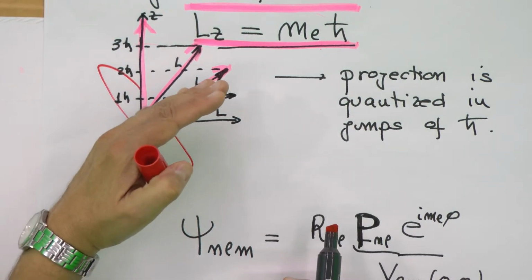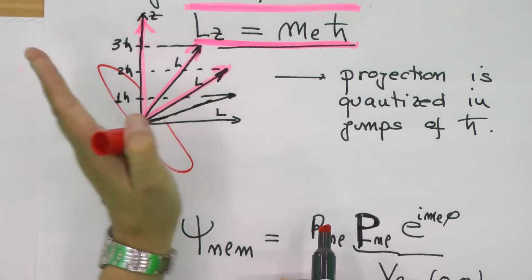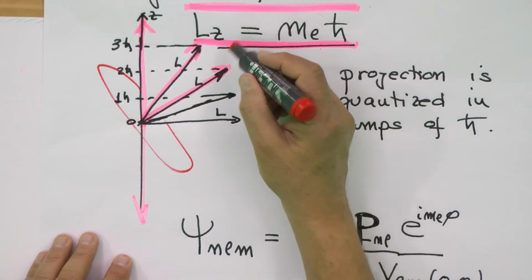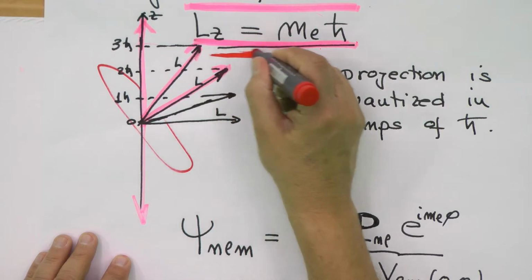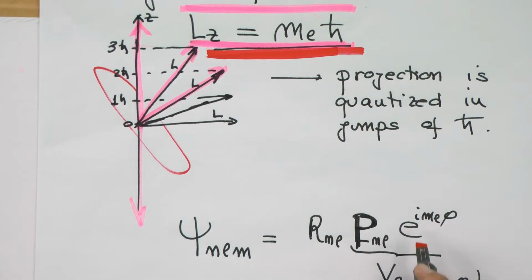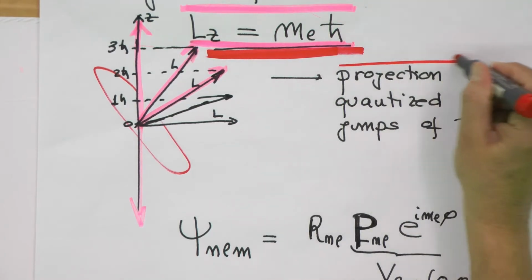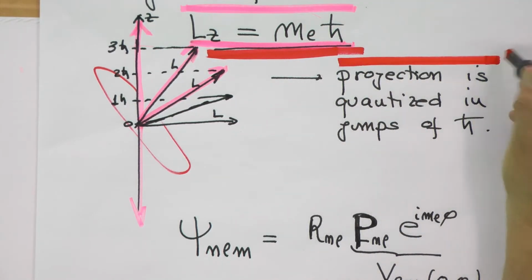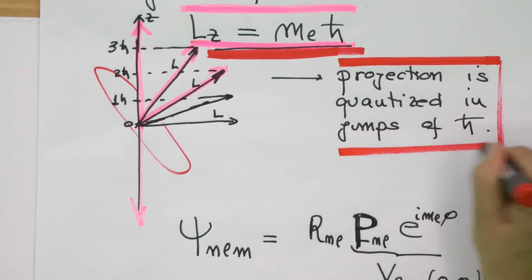This orbit cannot have any orientation, it can only have orientations that give us an integer projection of the angular momentum. So ml is the quantized projection of the angular momentum.